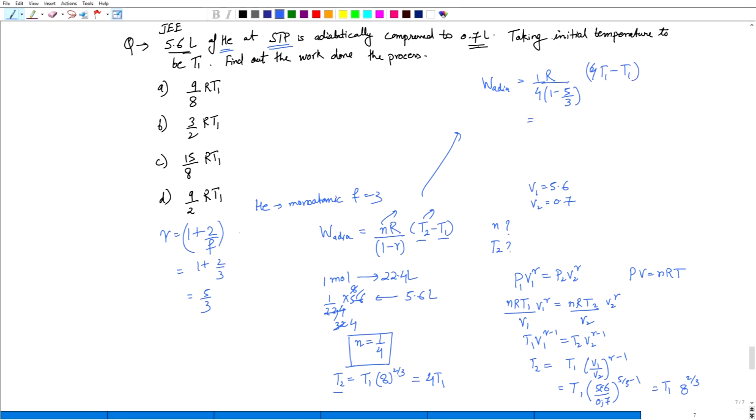So that is 3 by 8 R T1, that is coming in minus, and into 3, that is 9 R T1 by 8. The minus sign is not there in any option anyway, so it is assumed that the correct answer is this.